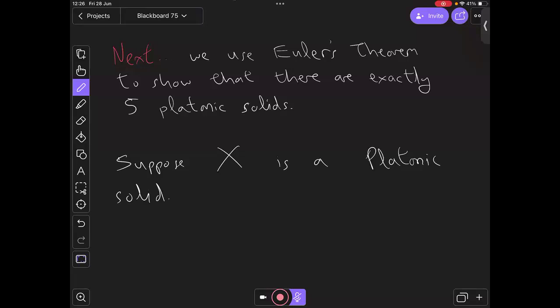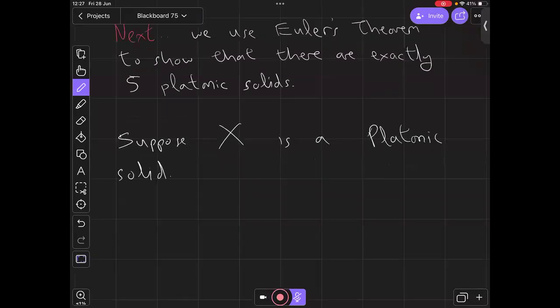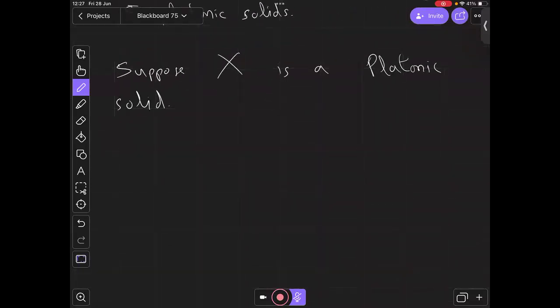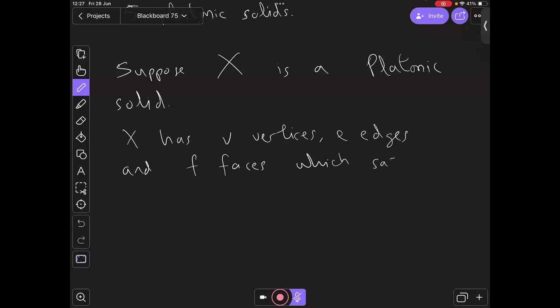All right, so let's assume that we have some mystery Platonic solid X. And we want to then argue the case that it must be one of the 5 that I've described earlier. Well, let's consider some facts about X. So X has V vertices, E edges, and F faces, which satisfy Euler's formula, V minus E plus F equals 2.